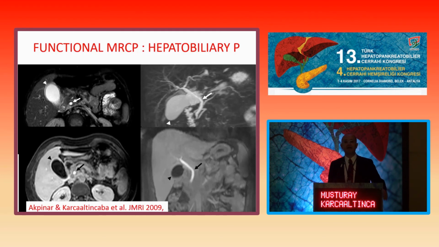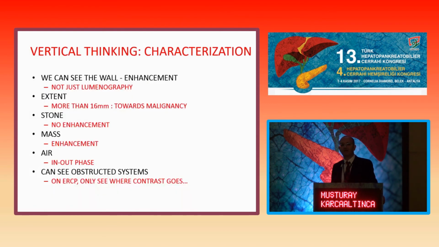So we use the same principle with the hepatocyte-specific agents, and when you give those contrast agents, you can see that it's excreted into the common bile duct, but there is no entrance of contrast medium into the gallbladder. So we showed that actually this is very useful for diagnosing cholecystitis without gallstones.